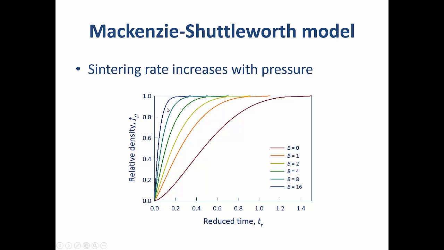Strictly because we are dealing with the final stage, this graph should probably start at a relative density of 0.92. So although I've drawn the curves as if they start at a relative density of 0, which in fact would be meaningless because even a green body you would expect a relative density of 0.5, really the only physically meaningful part of this graph is the region at the top.